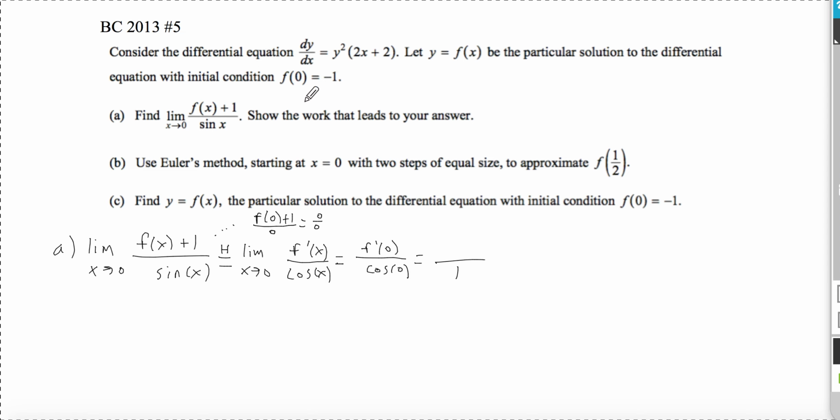When x is 0, y is -1, so this is going to be (-1) squared times 2 times 0 plus 2. That's f prime of 0, because when x is 0, y is -1, so I plug all that into my derivative, and that gives me a value of 2. So my limit is 2.